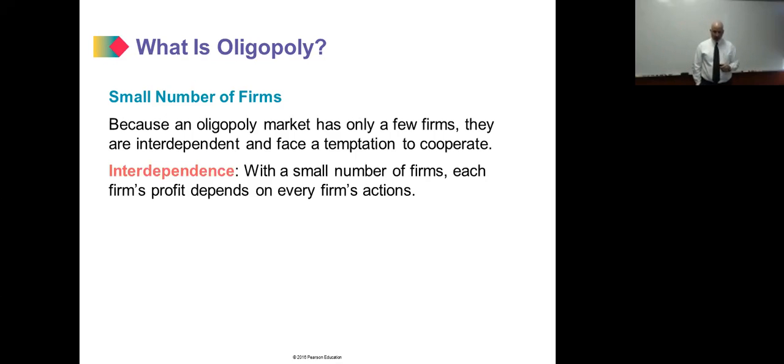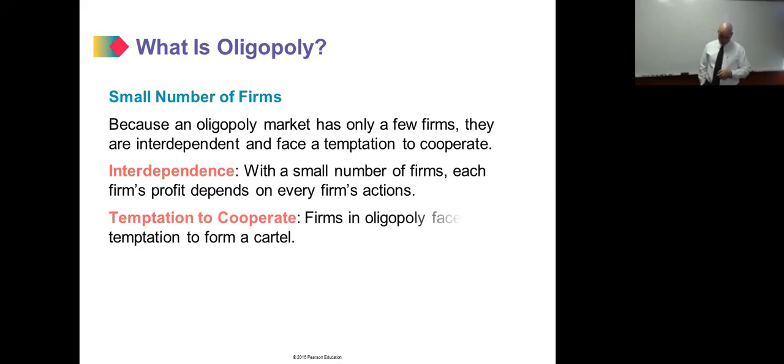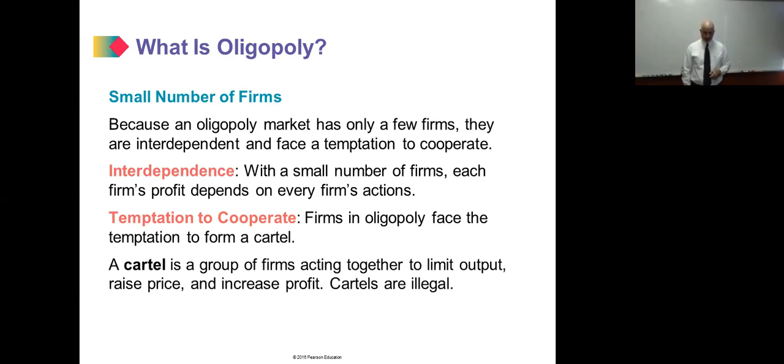These firms are interdependent with one another. With a small number of firms, each firm's profit depends on every firm's actions. Based on this temptation, if firms in an oligopoly agree to cooperate with one another, we are going to form a cartel. And cartels are illegal.